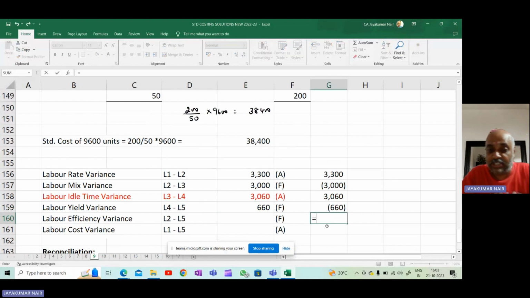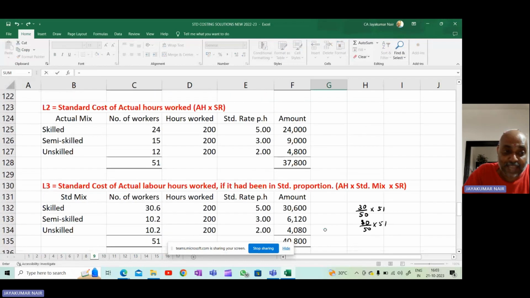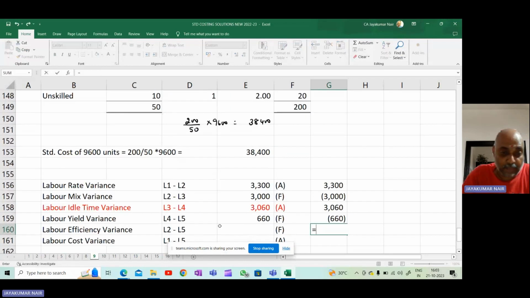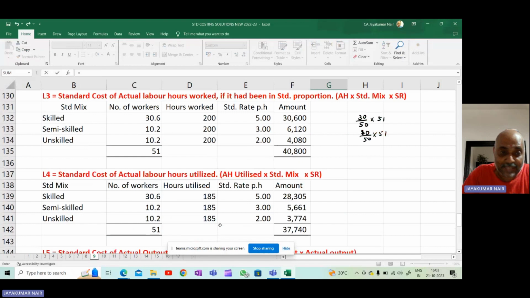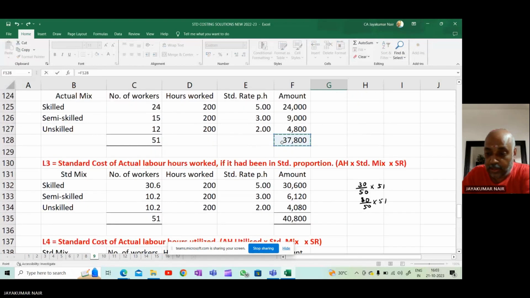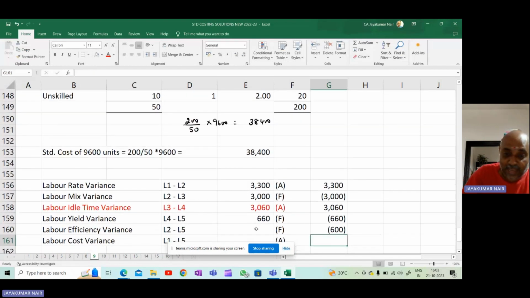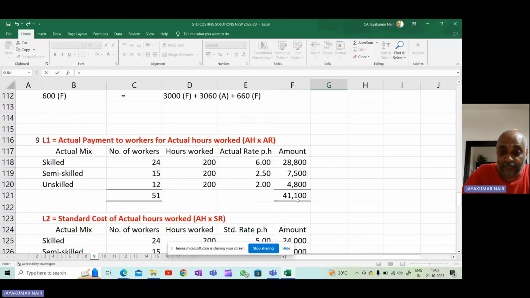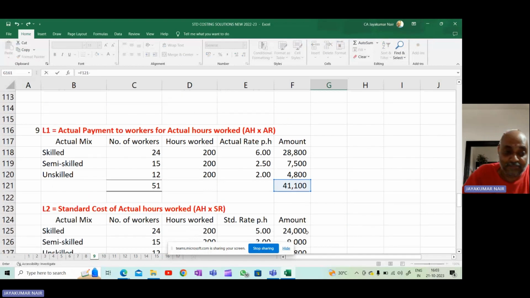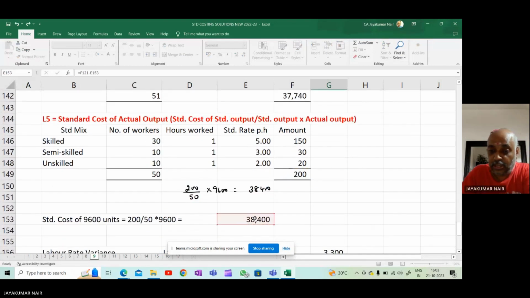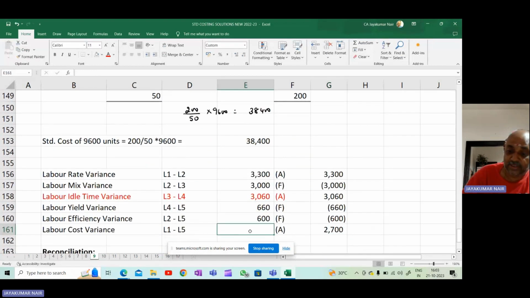Next, efficiency variance is L2 minus L5. It is again 600 negative. That means it's favorable. And the last one, L1 minus L5, you get 2,700 adverse.